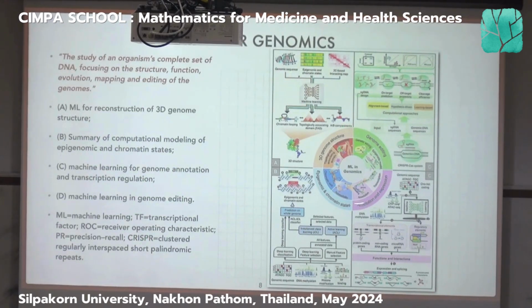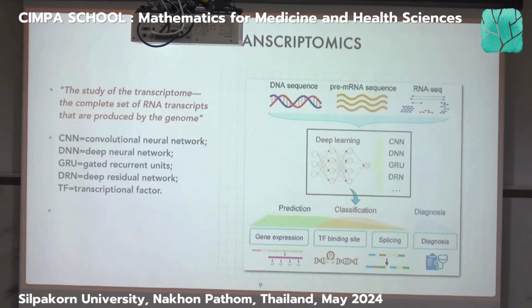Here you have a diagram which brings together all the different possibilities of using machine learning for genomic data. I'm not an expert, but at least I give you information if you need to go further. For transcriptomics, how the genes are transcribed going through the RNA, okay?